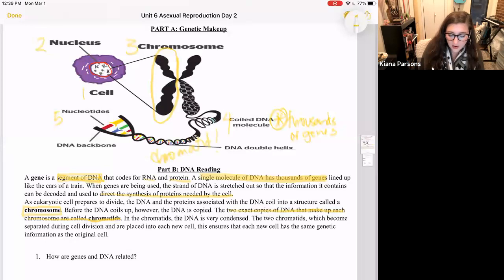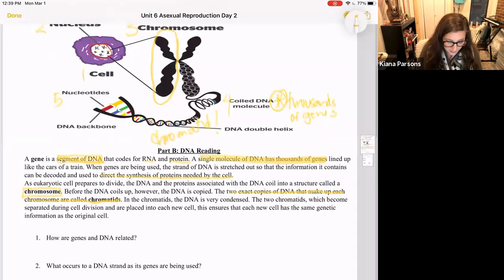Don't let it confuse you too much. It is just important when we're talking about replication. But again, in Living Environment, we're glossing over DNA replication, and we'll talk more about it in Unit 7 when we talk in depth about genetics. But for our purposes here, this is all we need to know.